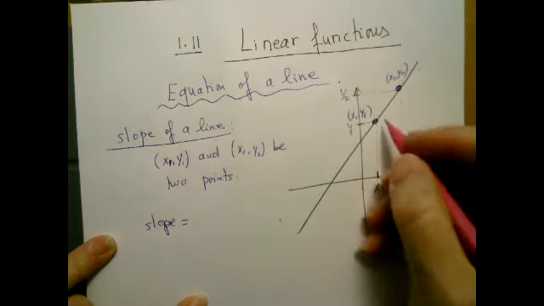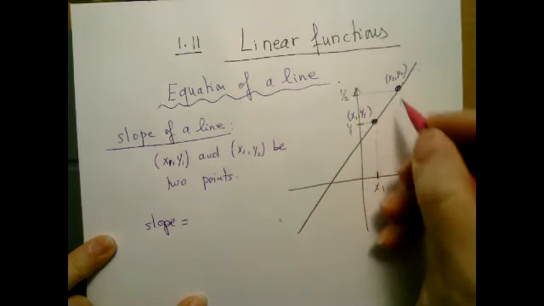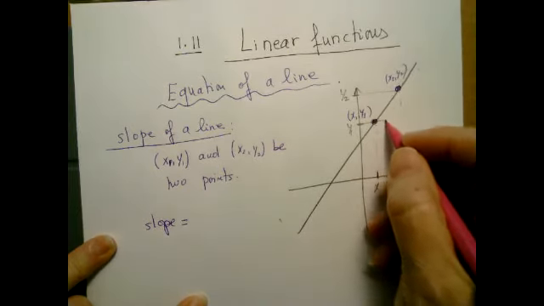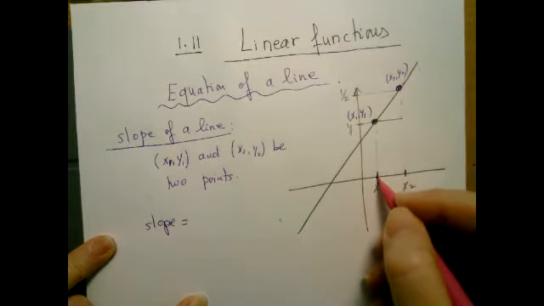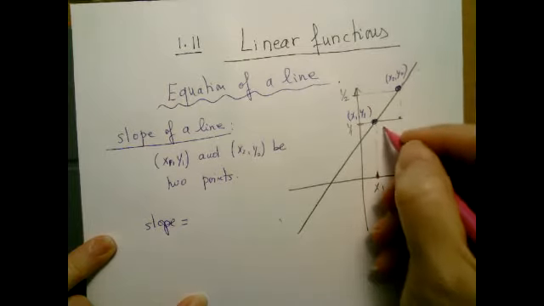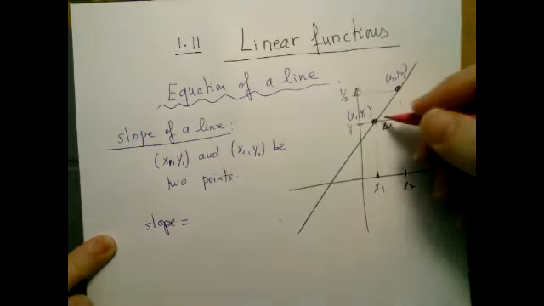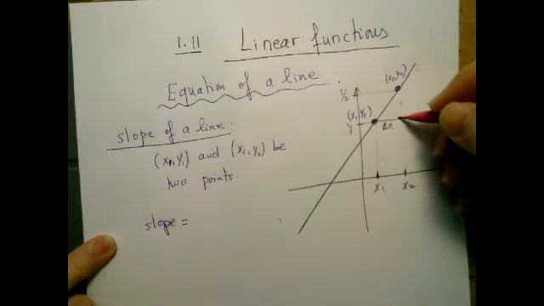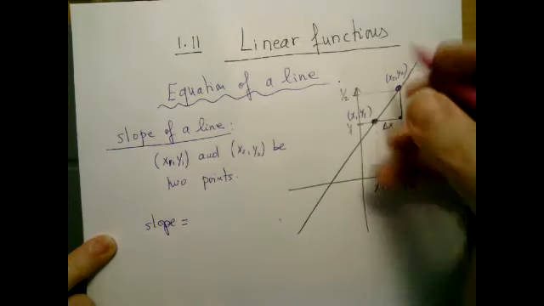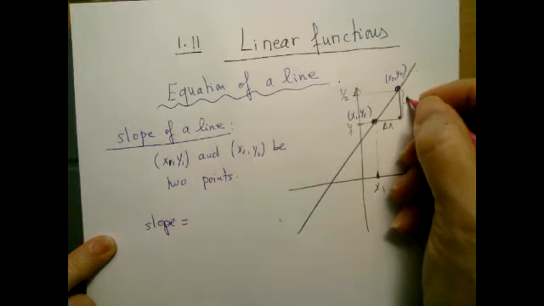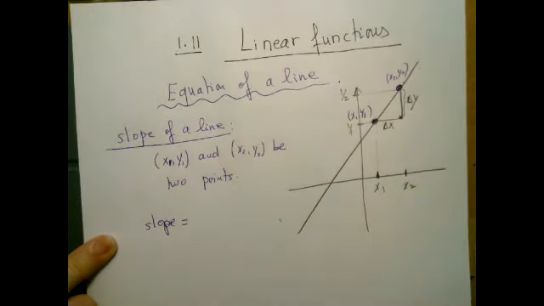So the idea is the same. As you go from this point to that point, there is a change. X was here, X became here. So that's the delta X. And the Y was here. It went up all the way here. This is the delta Y. So the rise over the run.